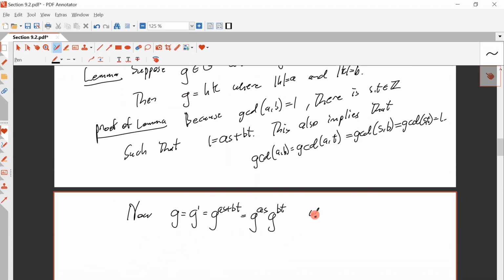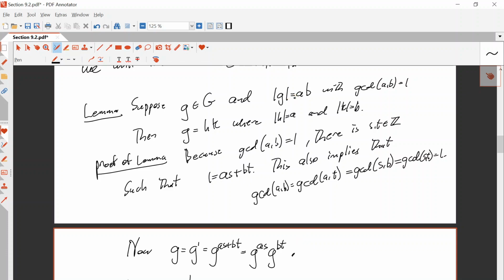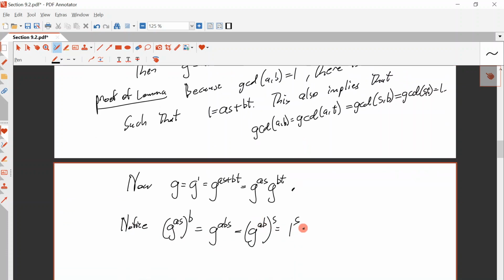Now notice, (g^as) to the b is equal to g^abs, which is (g^ab) to the s, which is equal to 1. The order of g was a times b. That was our assumption, so g^ab is 1.